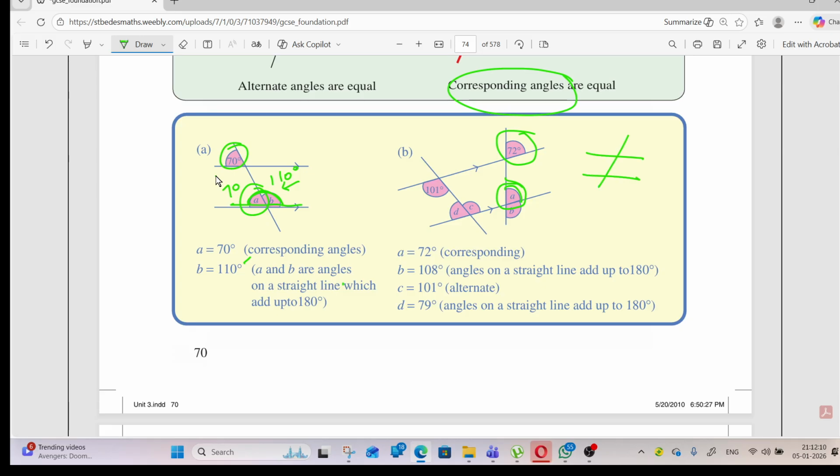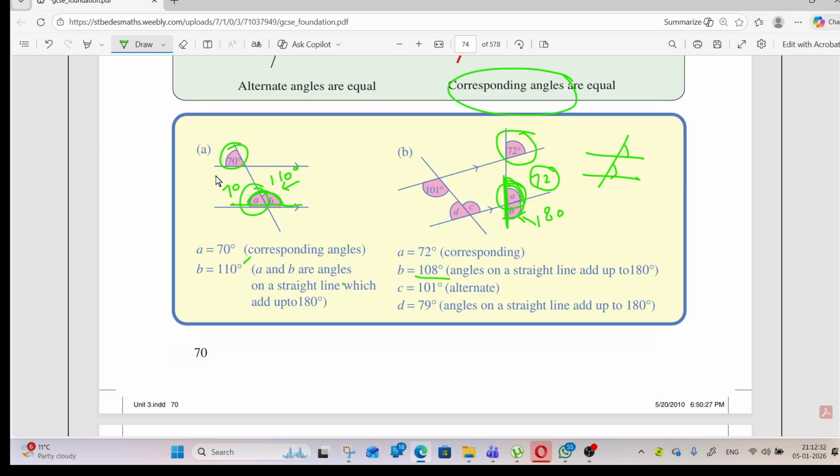Because corresponding looks like this, this is corresponding to this. So this is also going to be 72. If this is 72, you can subtract it from 180 and find b, because these angles are formed on a straight line, right? So 180 minus 72 gives you 108.